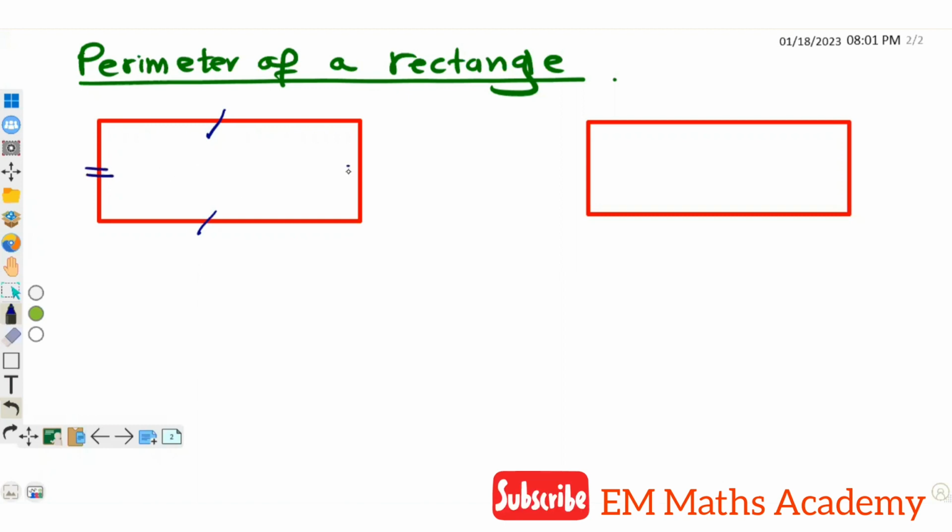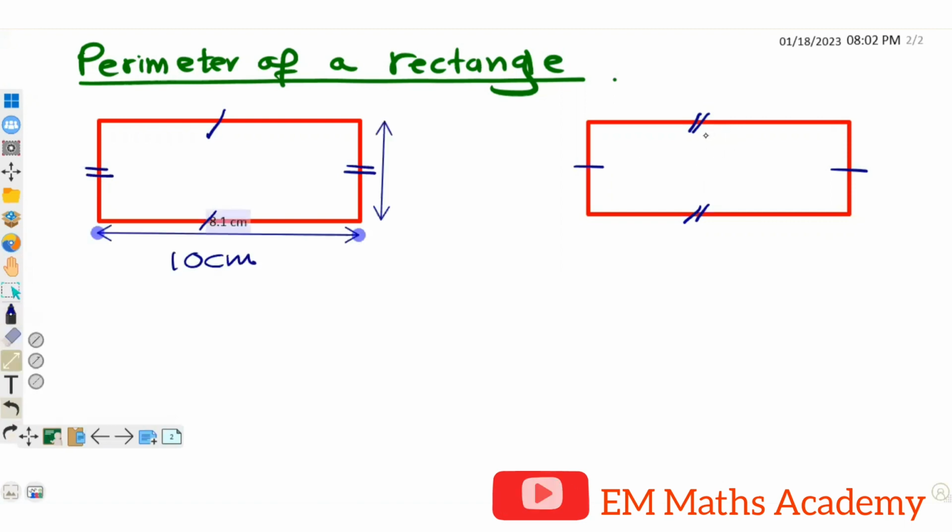Here these two are equal, or sometimes we can denote it like this. It doesn't matter how many straight line segments we have used. Breadth is given as 3 centimeters.